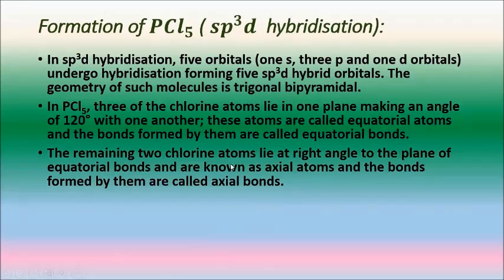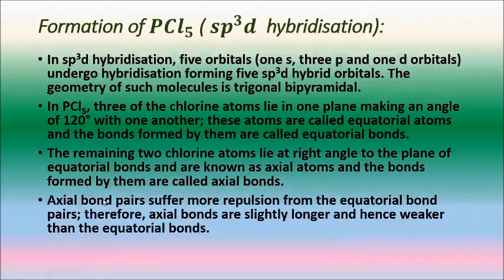The remaining two chlorines lie at right angles to the plane of equatorial bonds and are said to be axial atoms, and the bonds formed from them are called axial bonds. That means in PCl5 we have two types of bonds, axial bonds and equatorial bonds. So the central atom is phosphorus and it will make 5 bonds with chlorine.